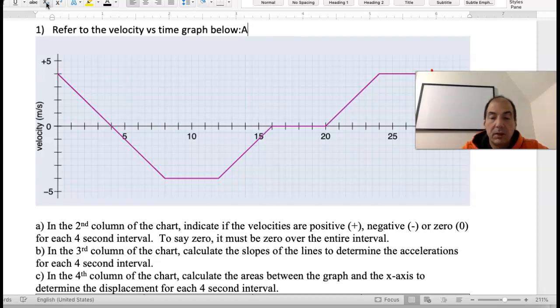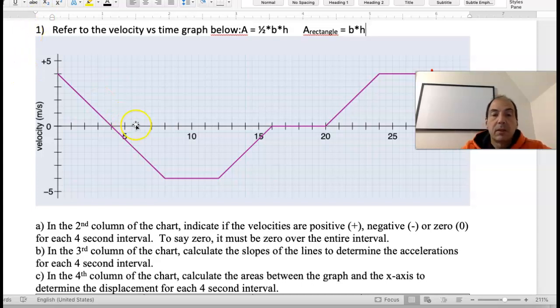Area equals 1/2 times base times height. And for a rectangle, it's just base times height or length times width, whichever way you want to do it. I'm just going to keep it as base times height.